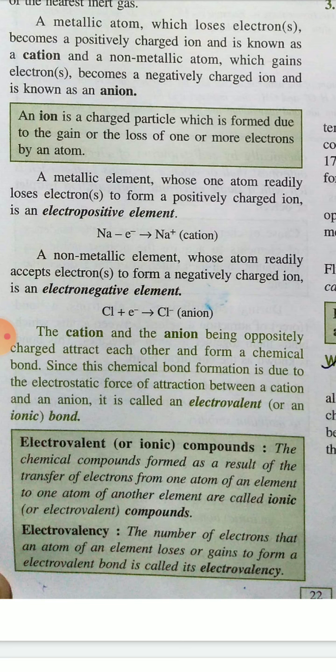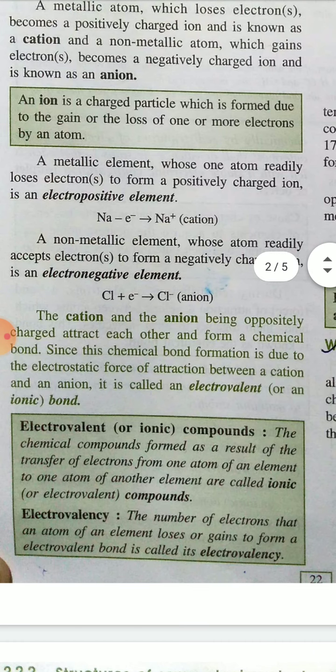After forming cations and anions, they combine with each other by strong electrostatic force of attraction, and the bond formed is known as electrovalent or ionic bond. Now, what is an electrovalent or ionic compound? If an electrovalent bond is present in a compound, then the compound is known as an electrovalent or ionic compound.